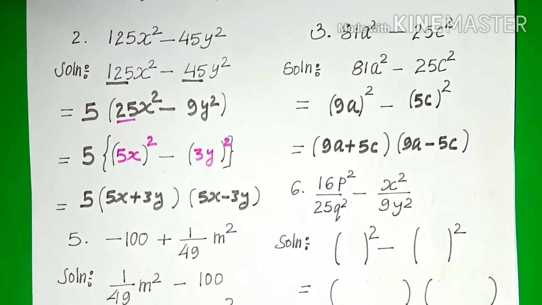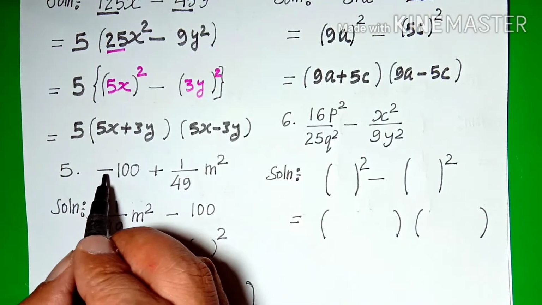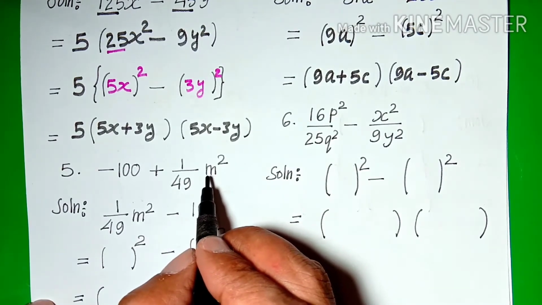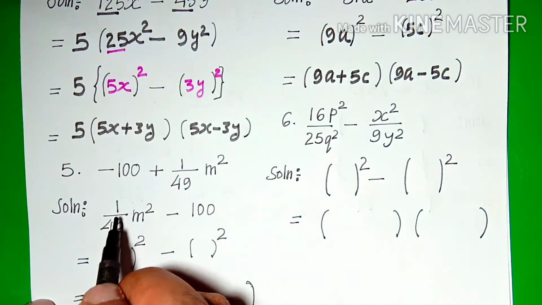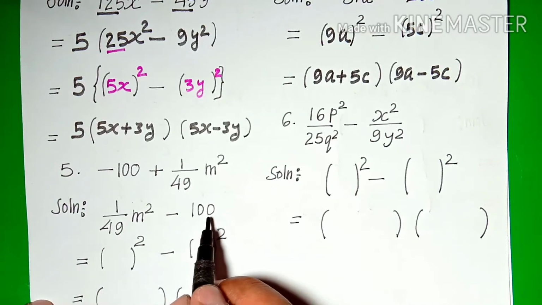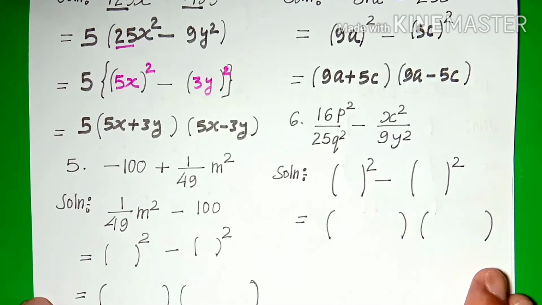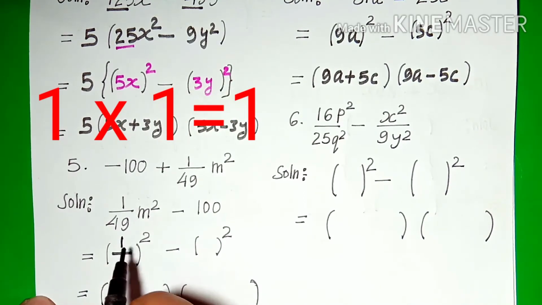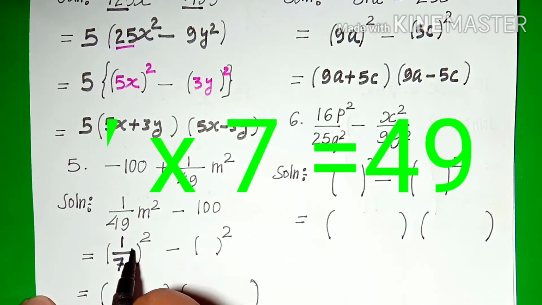The next type of questions: −100 + (1/49)m². You'll have to rearrange the given terms in the form (1/49)m² − 100. Now with these two, you'll have to make a² − b². We know that 1 is a perfect square of 1 and 49 is a perfect square of 7, with letter m.